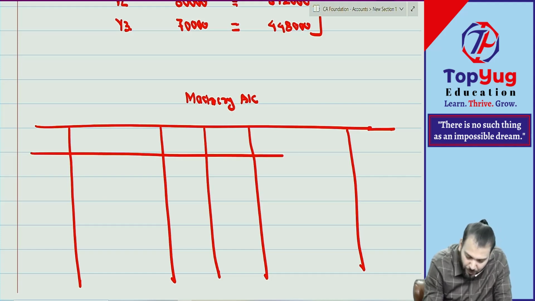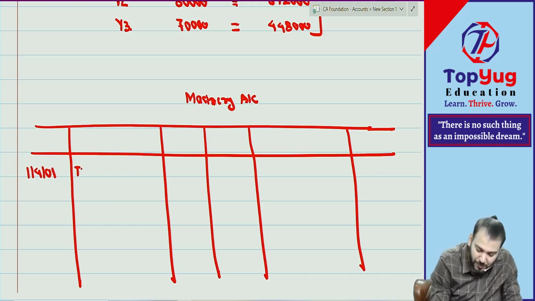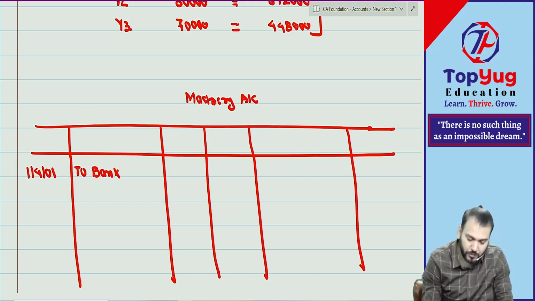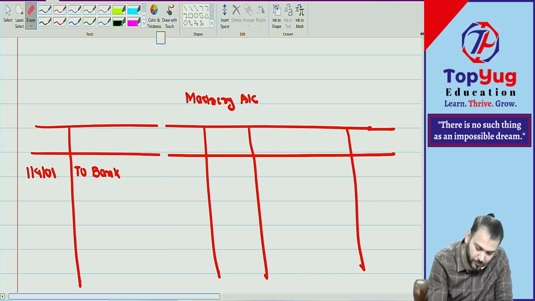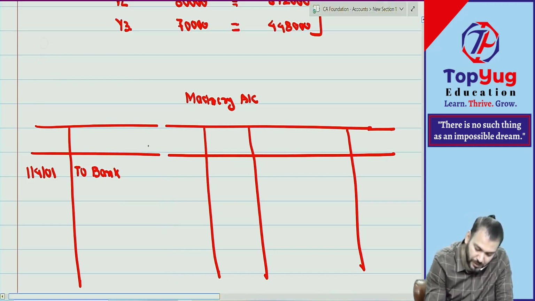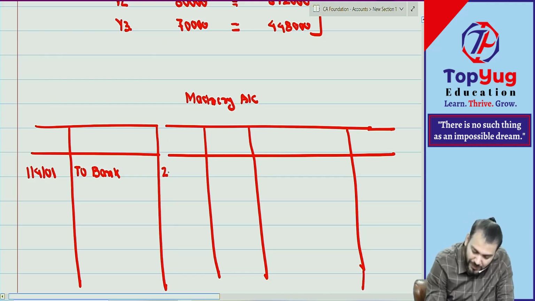Let us assume the year beginning is 1/4/2001. We purchase the machinery by bank. The original cost is what, in the last example? So 20 lakh.